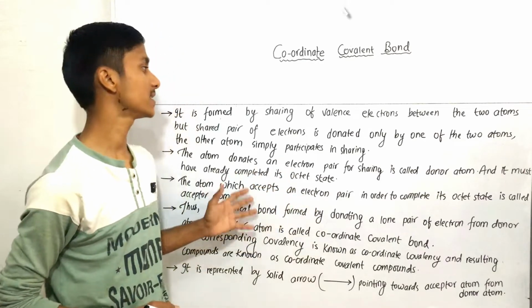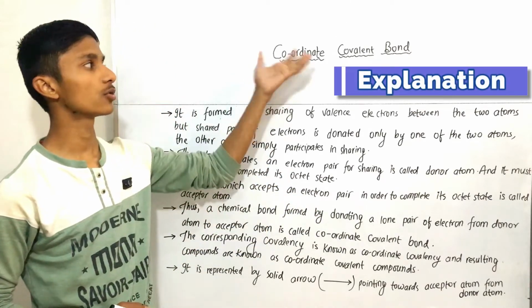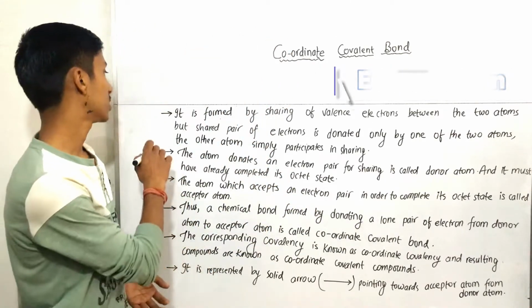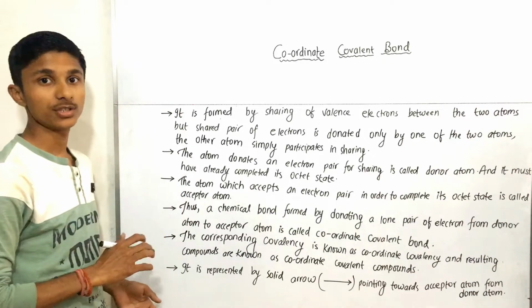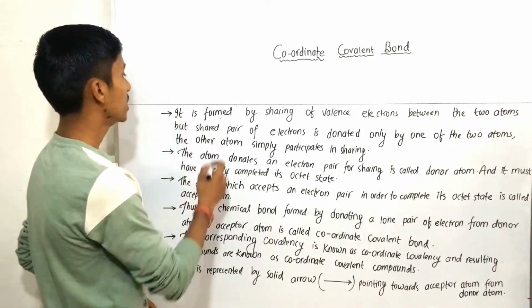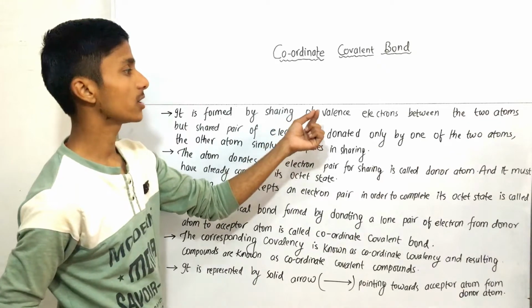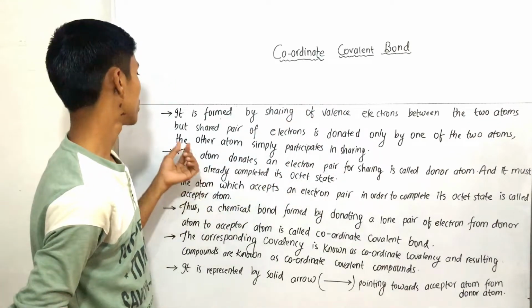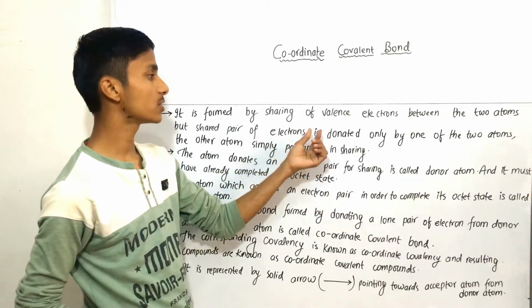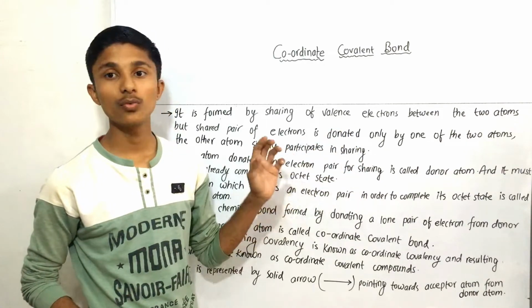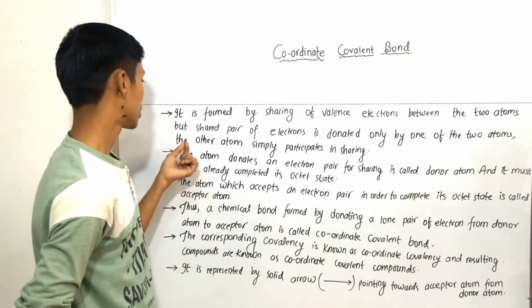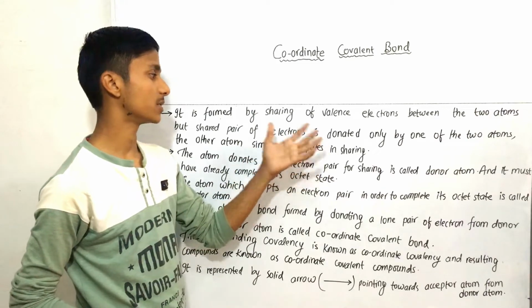So here I am going to write everything about it. This is the explanation of coordinate covalent bond, written point-wise. First, it is formed by sharing of valence electrons between the two atoms, but the shared pair of electrons is donated only by one of the two atoms. The other atom simply participates in sharing.